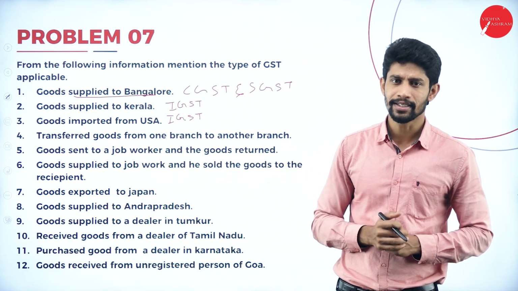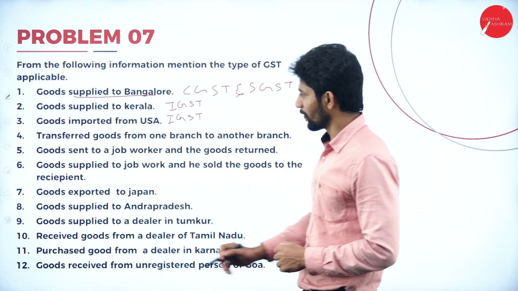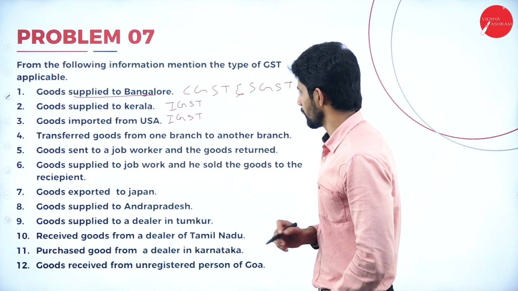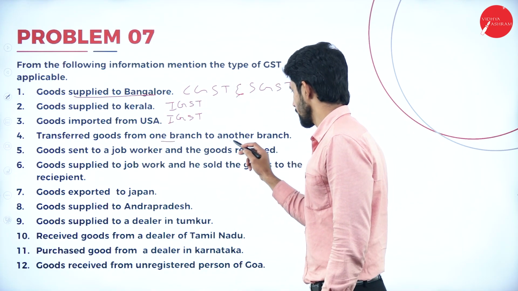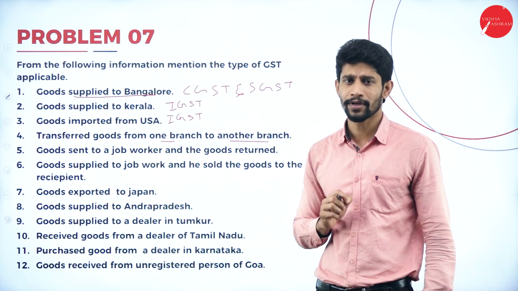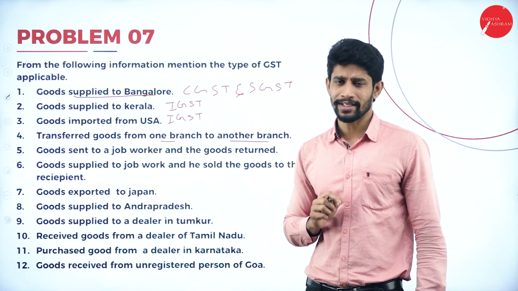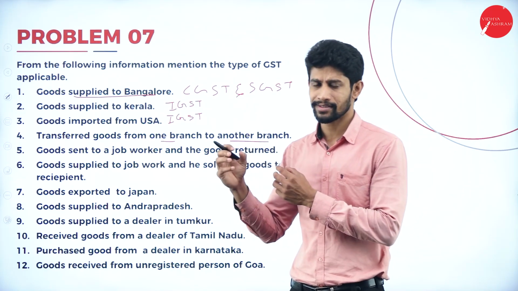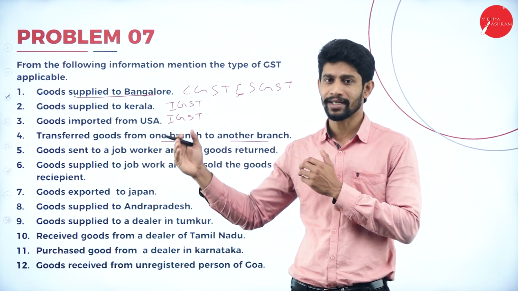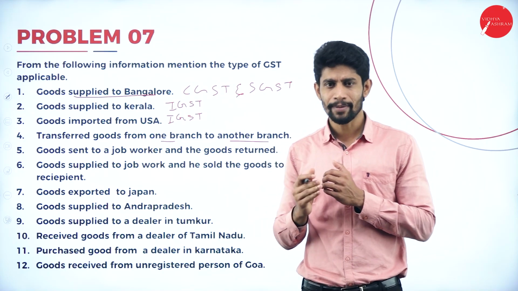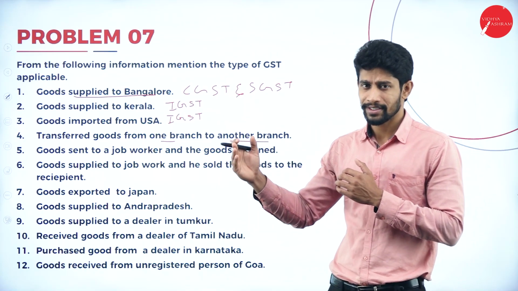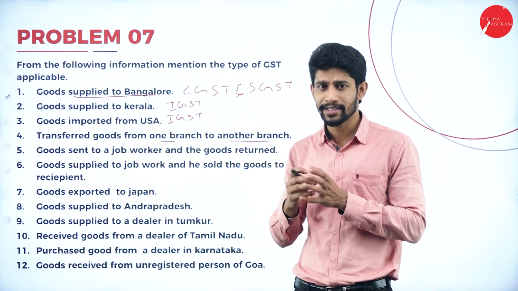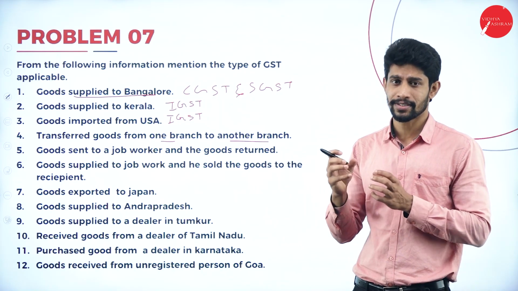Next one, transferred goods from one branch to another branch. Here the transaction is happening between the branches, not between two different parties. It is happening between two branches of the same company, of the same business.